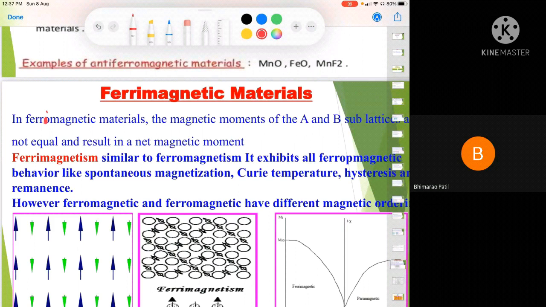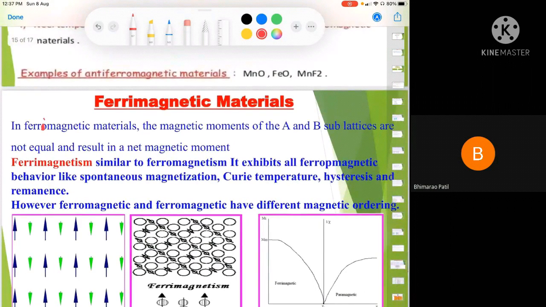Ferrimagnetic materials are similar to ferromagnetic ones. They exhibit all ferromagnetic behavior like spontaneous magnetism, Curie temperature, hysteresis, and remanence. However, ferrimagnetic and ferromagnetic materials have different magnetic ordering.